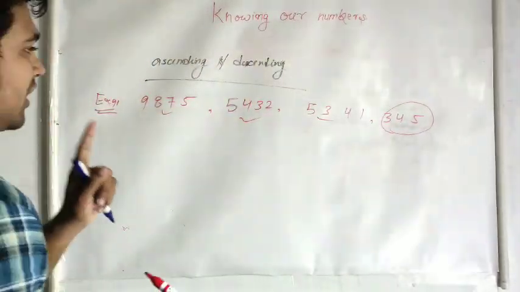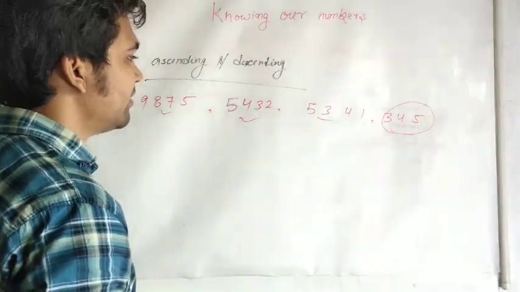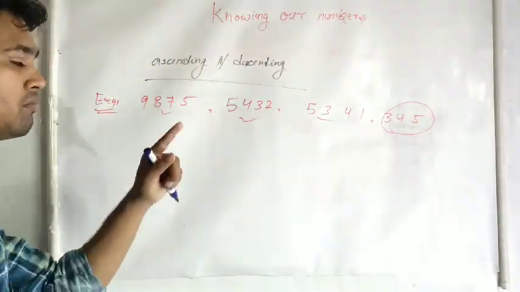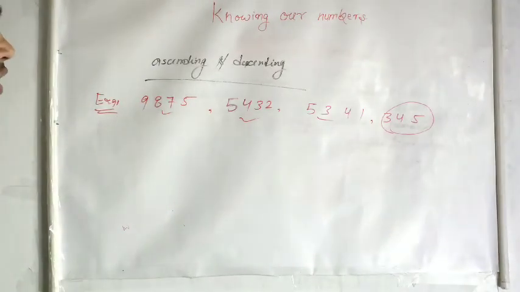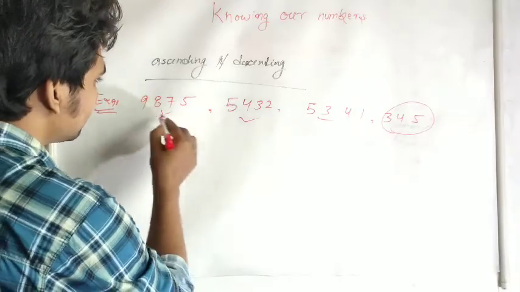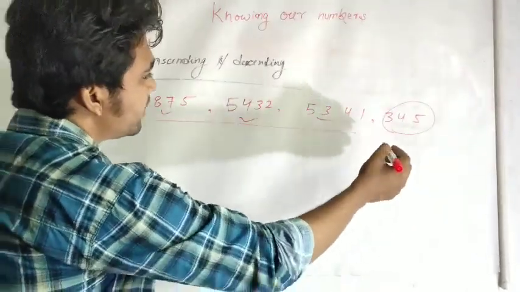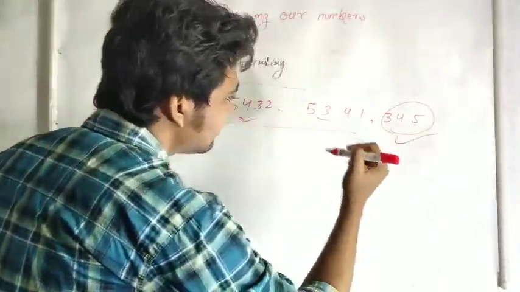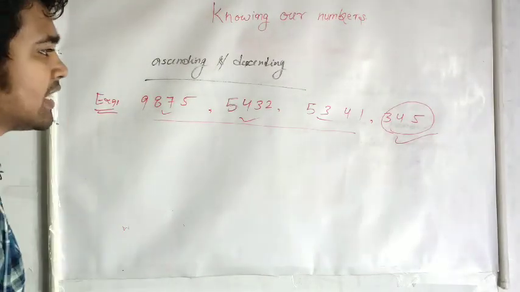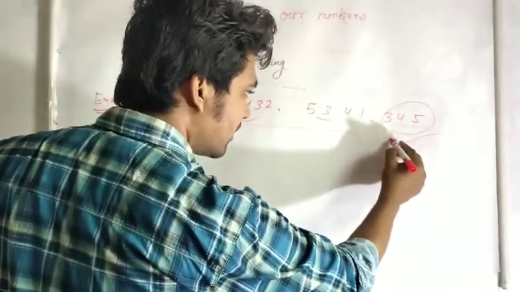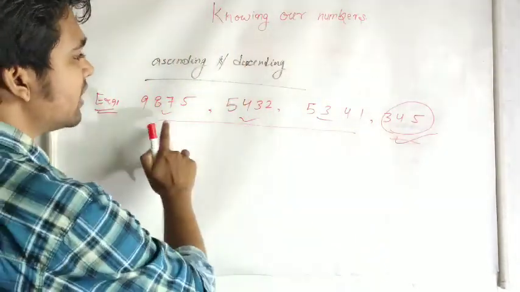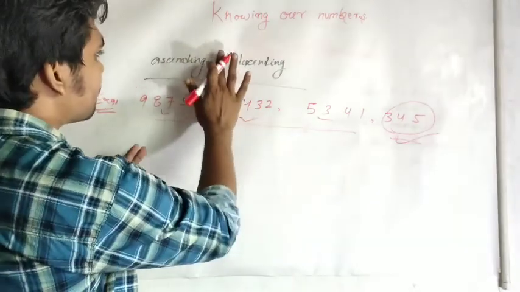In the method of comparison we have already talked about the fact that the number which has more digits would be greater than another. So these 3 numbers would be greater than this 3-digit number. So we say that 345 is the minimum or the smallest number in the given series.